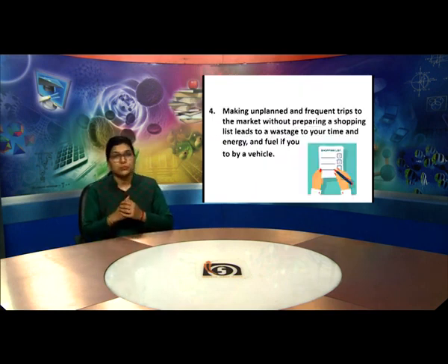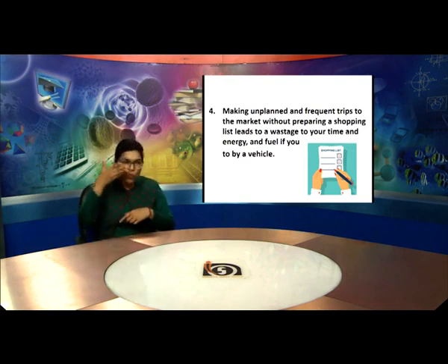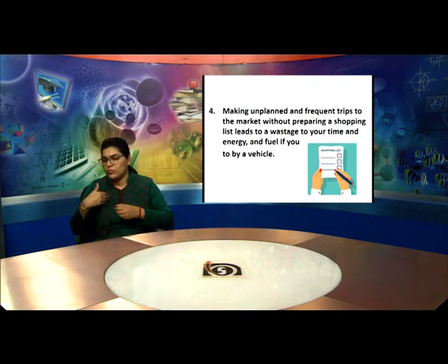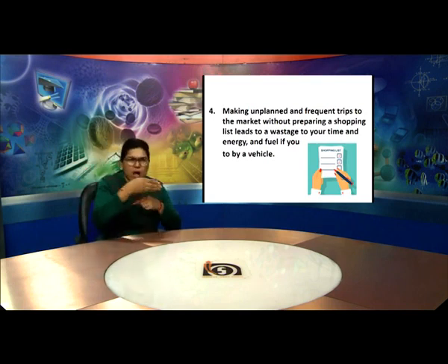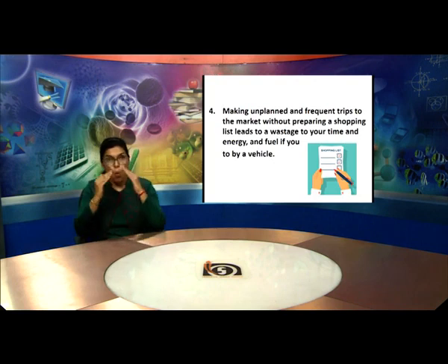The fourth point explains that making unplanned and frequent trips to the market without preparing a shopping list leads to wastage of your time and energy, and also fuel if you have to go there by vehicle.